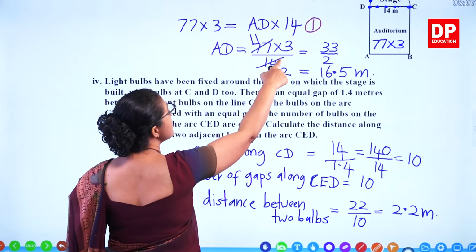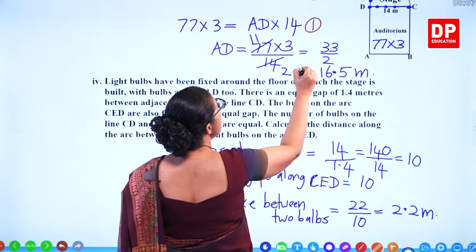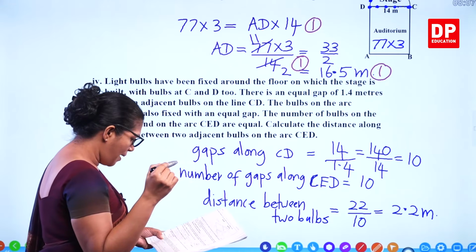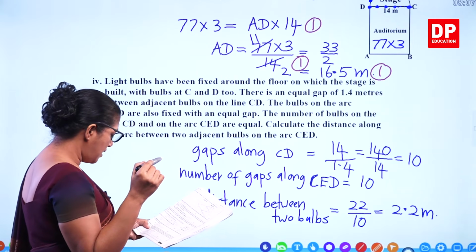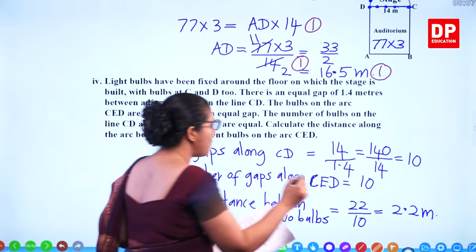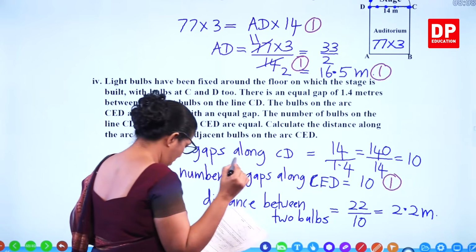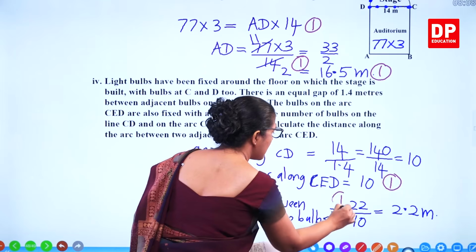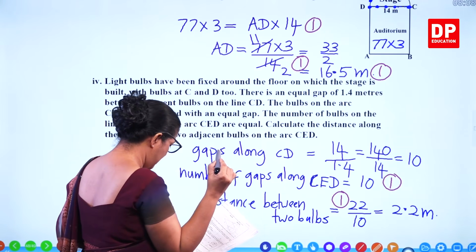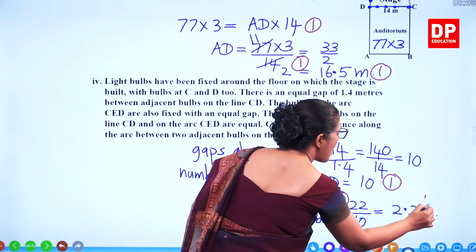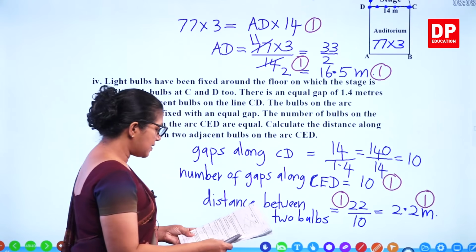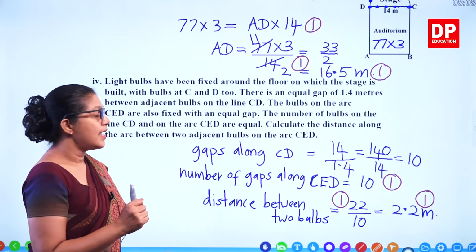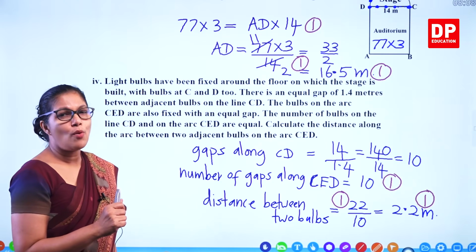Identifying that 77 times 3 and then equate and finding the solution. Altogether 3 marks there. And the last part again 3 marks. 1 mark to find out number of gaps and divide, this 22 divided by 10, 1 mark, and the answer 1 mark. So this is the last question in paper 1 in 2016 O-level exam.